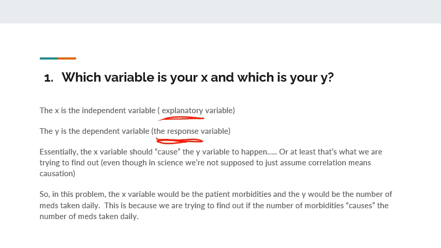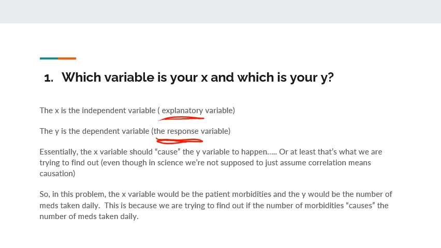It could just be a lurking variable that is associated with the X. So we don't know that yet. We're really just saying, is there a correlation? Does it look like they're related?